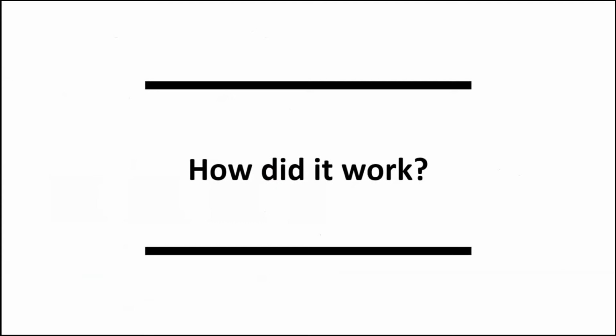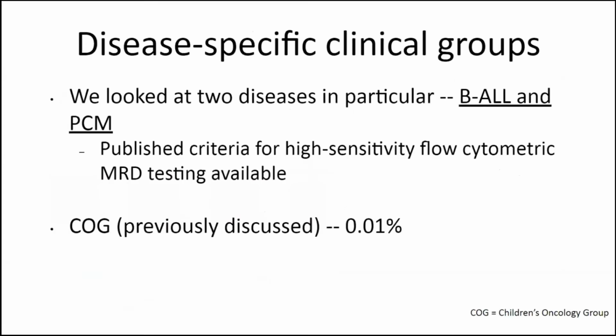How have they worked? Well, we decided to take an in-depth view at fewer diseases with this follow-up survey. B-ALL and myeloma were chosen as there are published criteria for high sensitivity flow cytometric MRD testing from well-respected international clinical groups. As previously discussed, the COG endorses a cutoff of 0.01% for B-ALL.